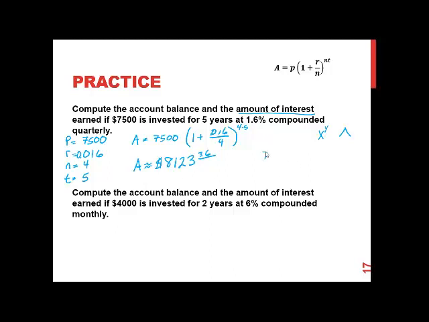So to find the interest, we'll take our ending balance, 8123.36. We'll subtract the amount we invested, 7,500, and that gives us the amount of interest we earned, which is 623.36.